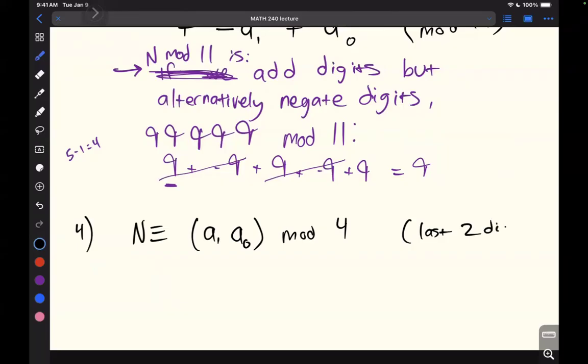I hope it is apparent to you that if we have a number like 06, we don't multiply the 0 times 6. It's just the last 2 digits that we have. And so we can figure out what 6 mod 4 is easily, so we don't need to use this rule.